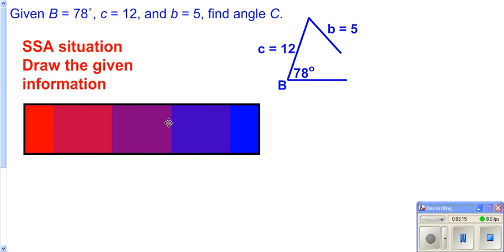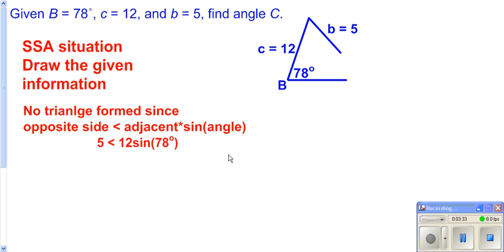Once again, we draw ourselves a triangle in the context of what we were given. But you notice in this situation, we have a side-side angle situation. Since it's a side-side angle, we need to check to see how many triangles there are. For this particular case, we have no triangle formed, since our opposite side, which is 5, is less than our adjacent side, which is 12, times the sine of our angle, which is 78.